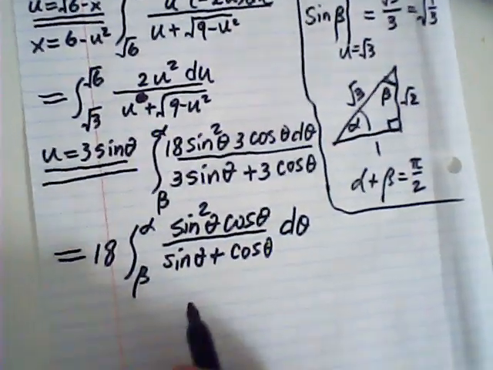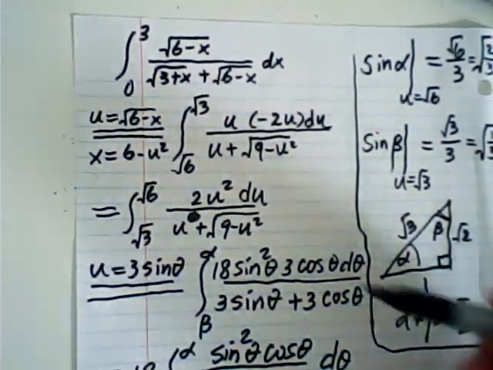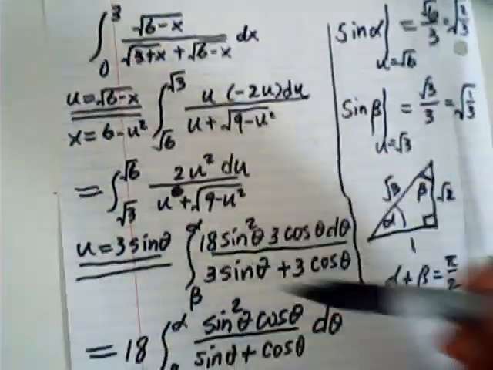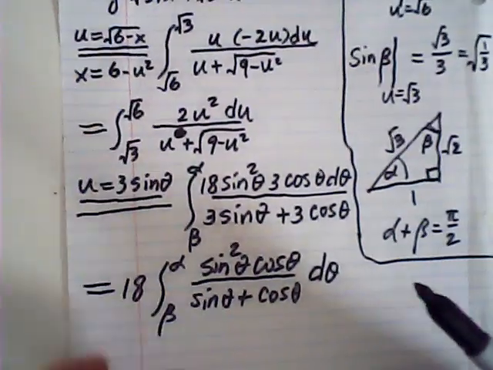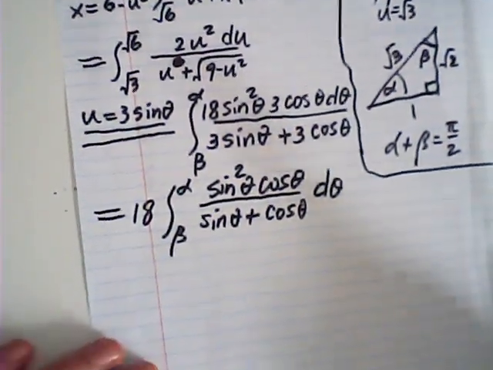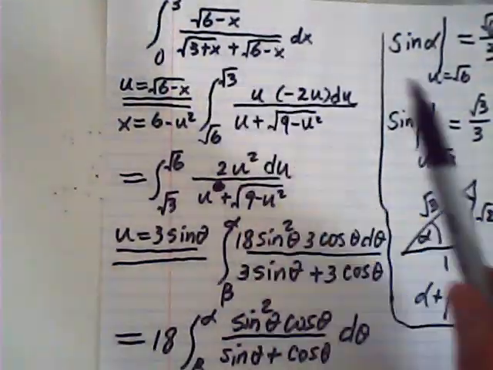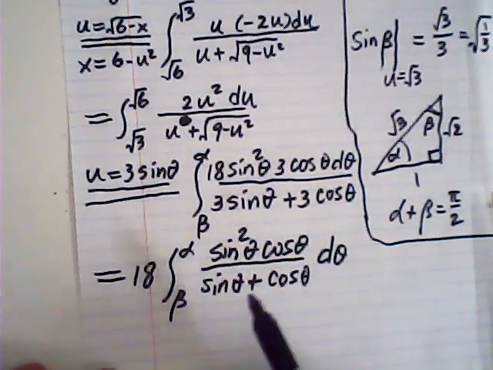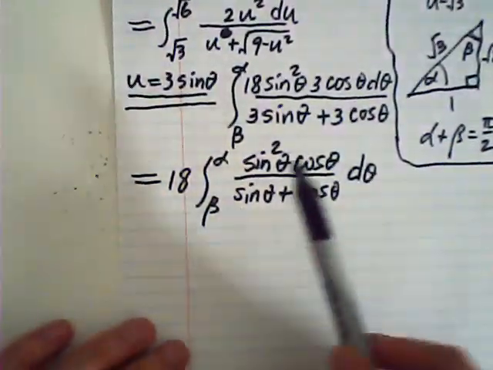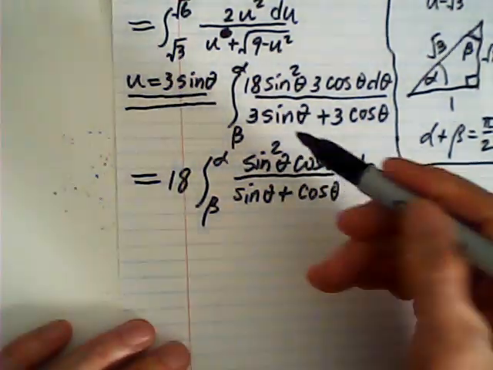That is our new integral from the original one after making two substitutions. Then what? Here we solved the problem of square root, but now we come up with a new problem. This is still some kind of a problem, okay?